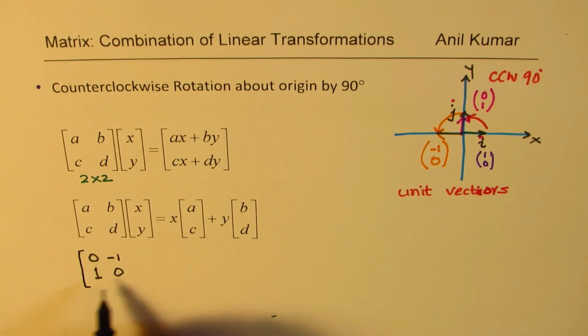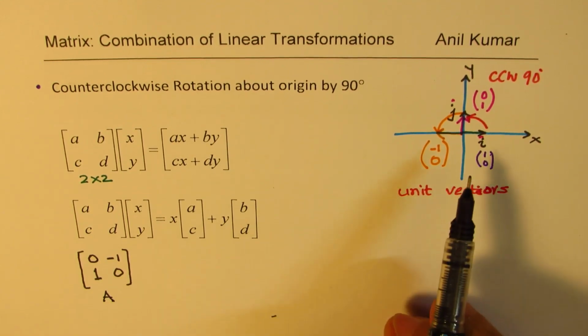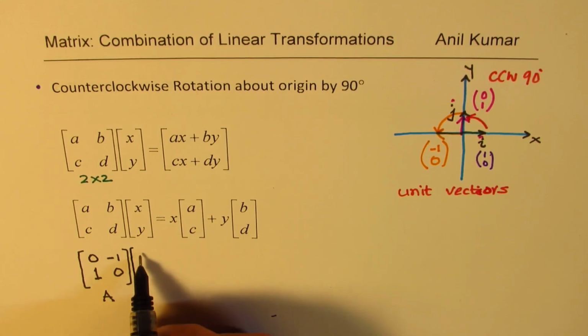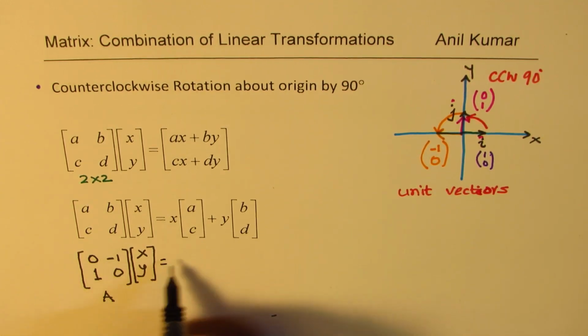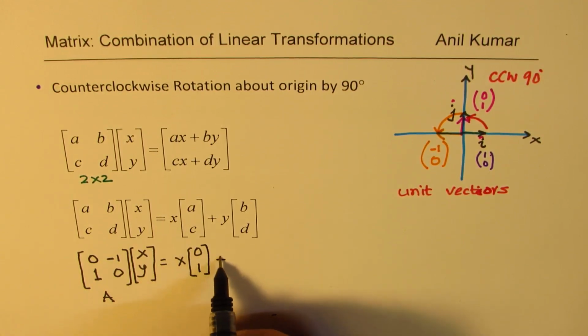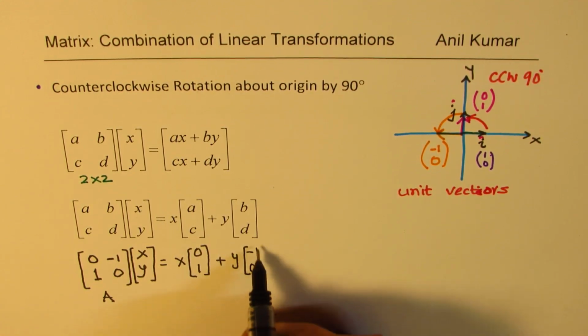So this transformation matrix, which we'll call A, will do a counterclockwise 90 degree rotation for any coordinate point (x, y) in R2. Got it? If you do that, you will get x times (0, 1) plus y times (-1, 0).